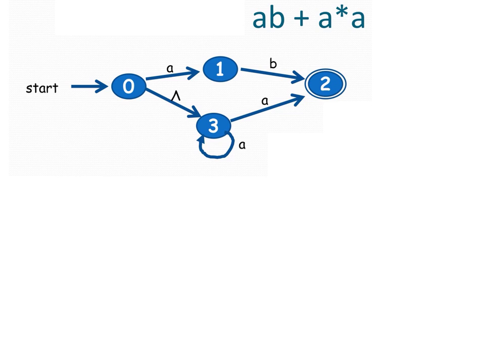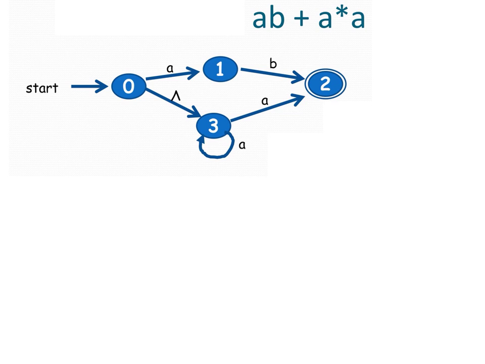So here's an NFA we've seen before. It's an NFA that accepts the language AB plus A star A. We've seen other NFAs that also accept this language, but this one is a good example to work with. Remember that this language is a set of strings, because all languages are sets of strings, and the strings in this language are the string AB, and other than that, all strings made up just of A's that have at least one A, right?